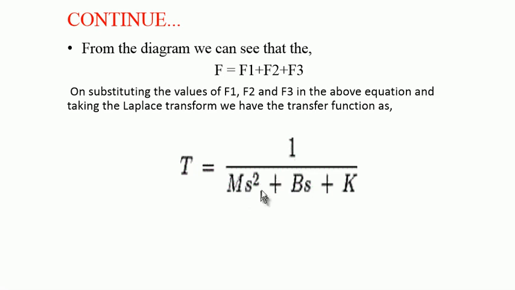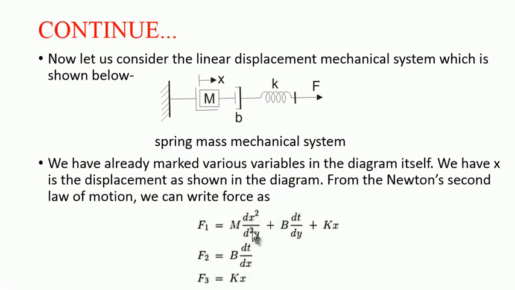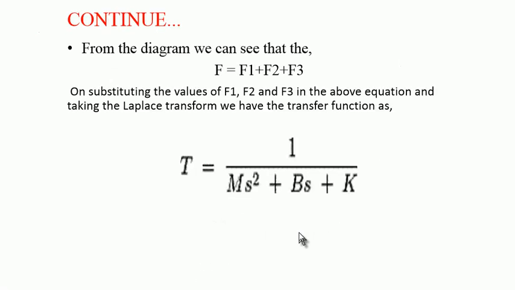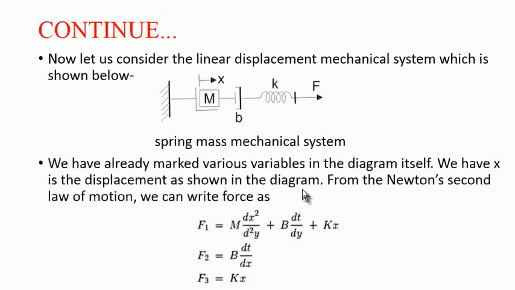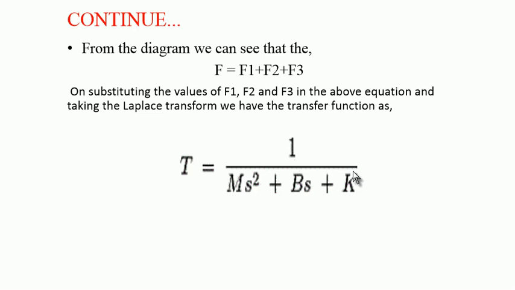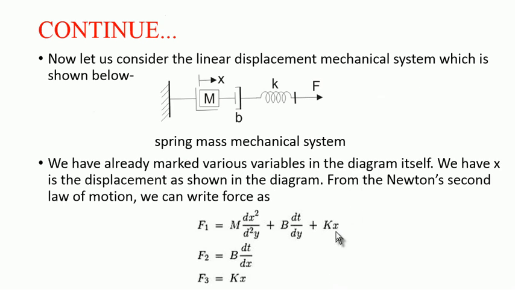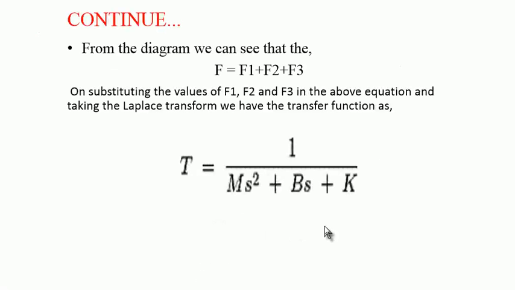How do we take this Laplace transform? Differentiating once is taken as s, but it is differentiated twice, that's why it is s square. And b dx/dt is nothing but bs. The Laplace transform of x gives only k.